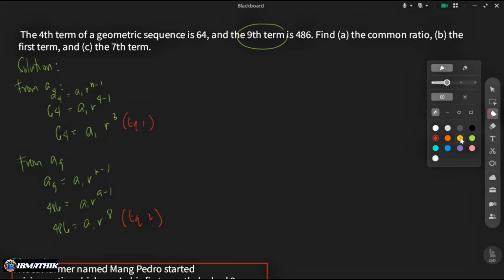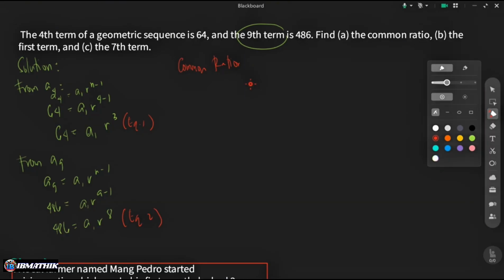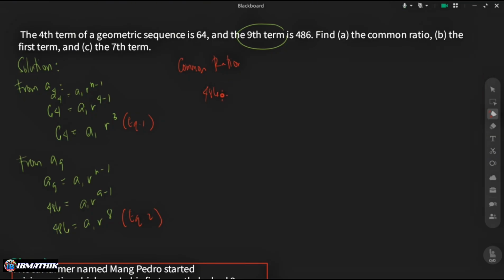Our next step is to divide equation 2 by equation 1 in order for us to solve for the common ratio. Okay, let's focus with the common ratio. So in order to get that, let's divide them. 486 over 64 is equal to the ratio expressions all over.